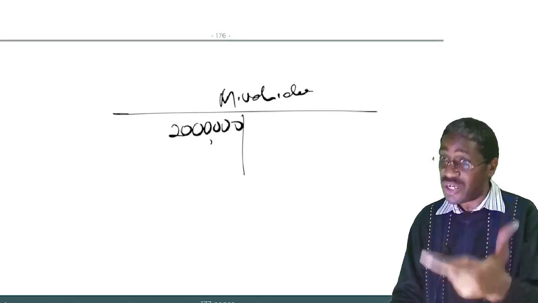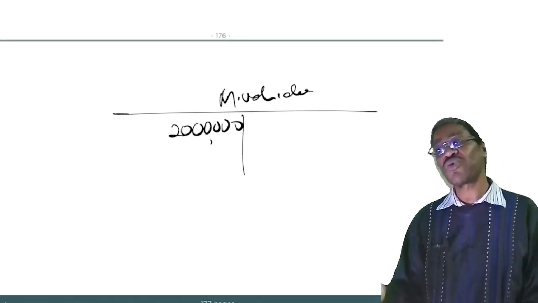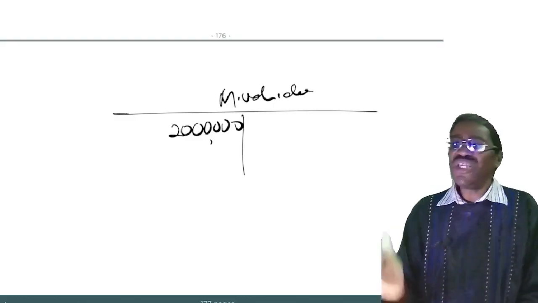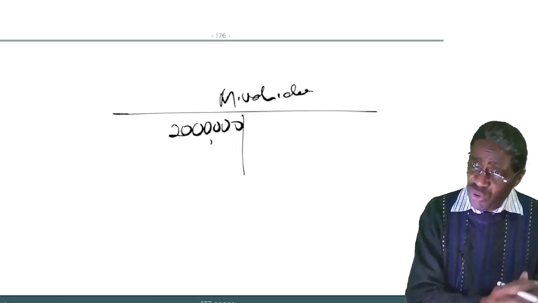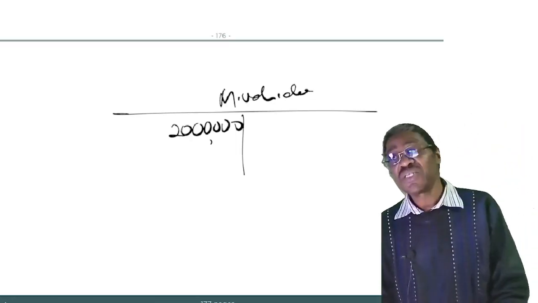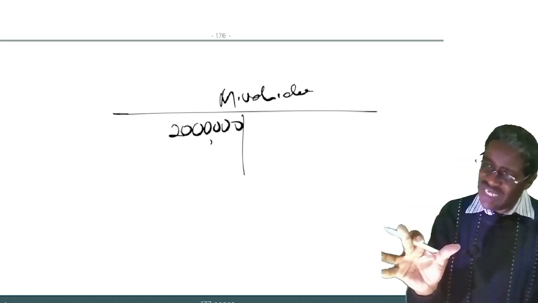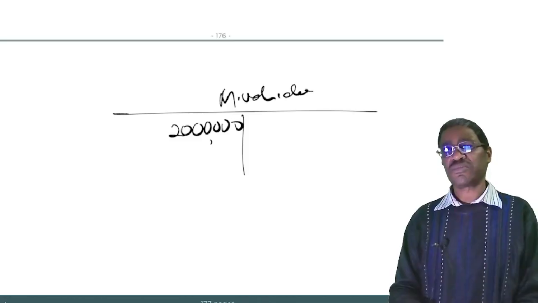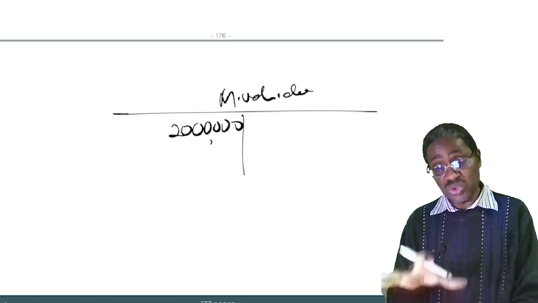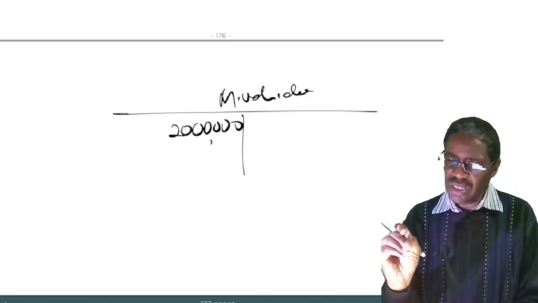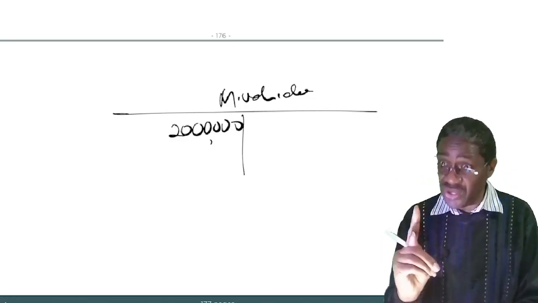We did not owe General Motors before, now we owe them. So our liability to General Motors has increased.